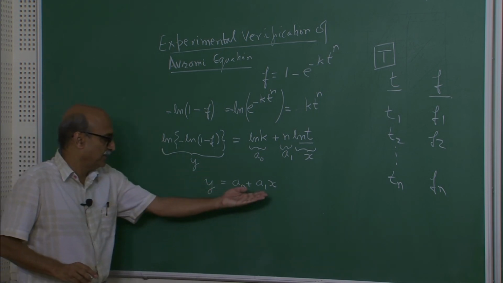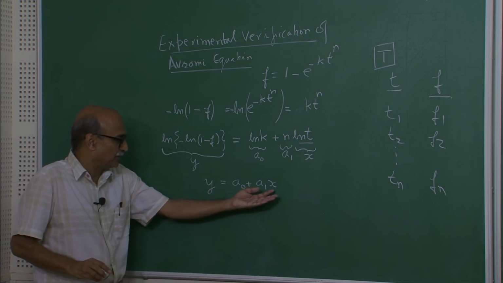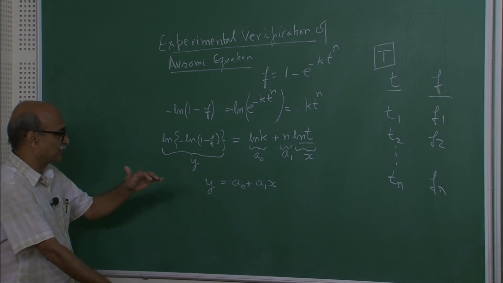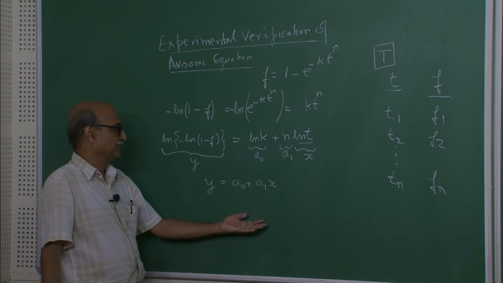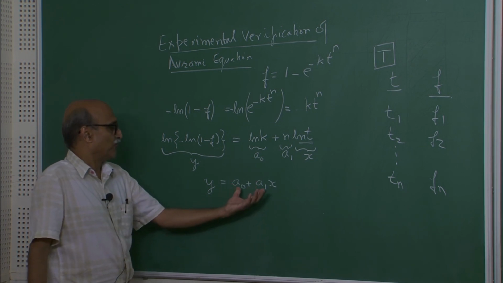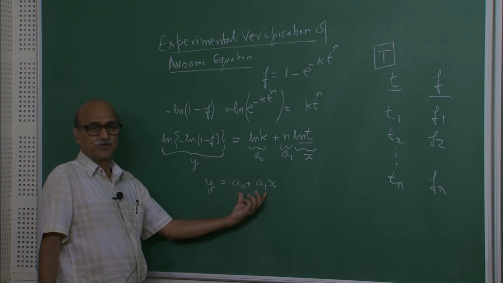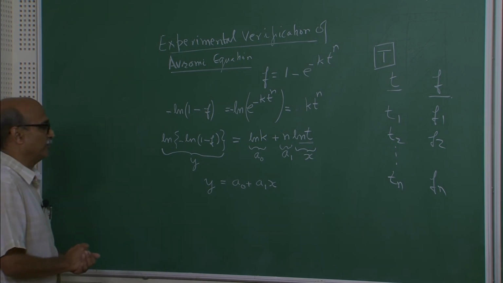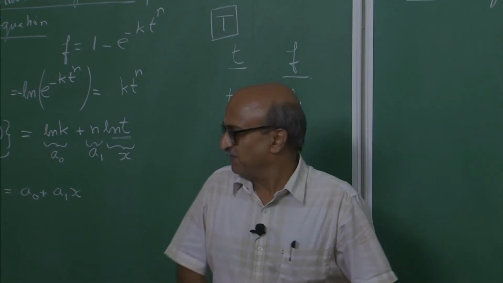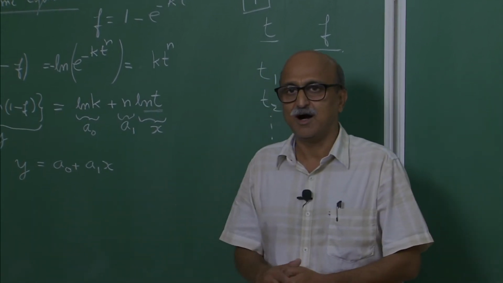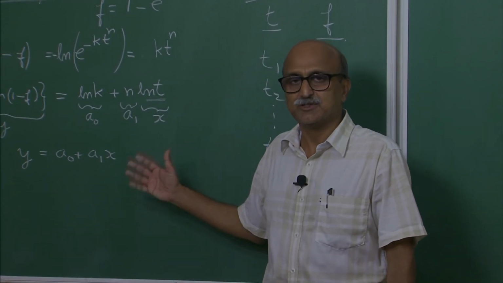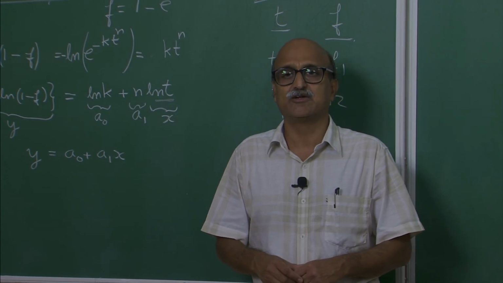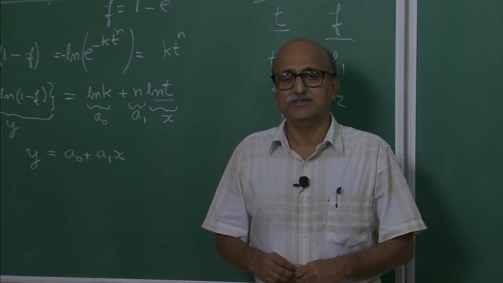So, if I have a set of pairs of points x and y, then given these data points I want to find the best fit parameters a0 and a1, which would give me the best fit line through the experimental data. I will discuss how to determine the best fit parameters a0 and a1 through the method of linear regression in the next lecture.